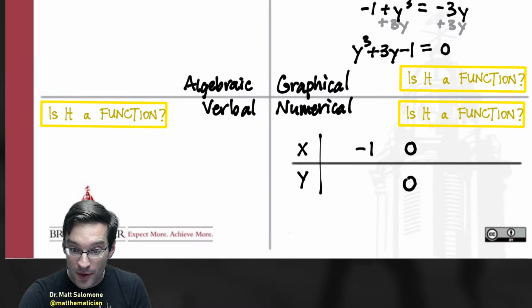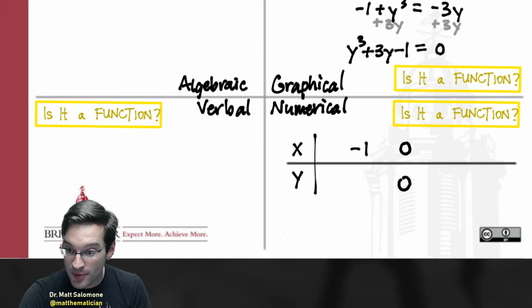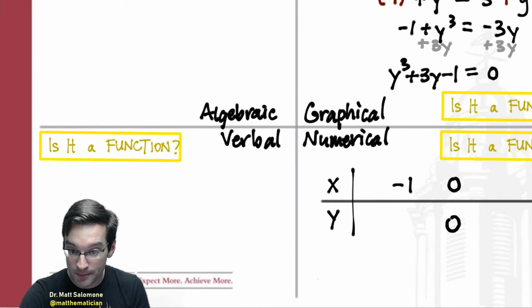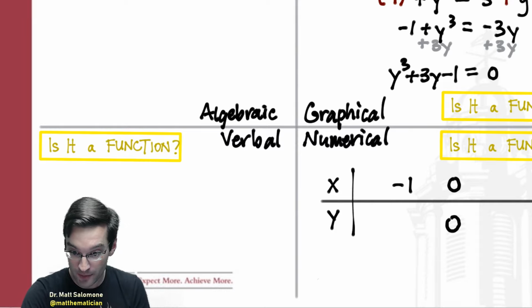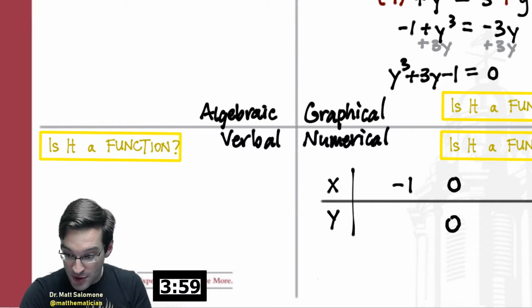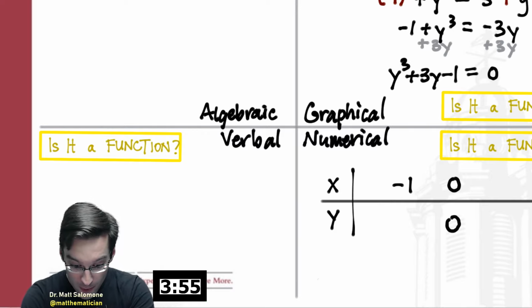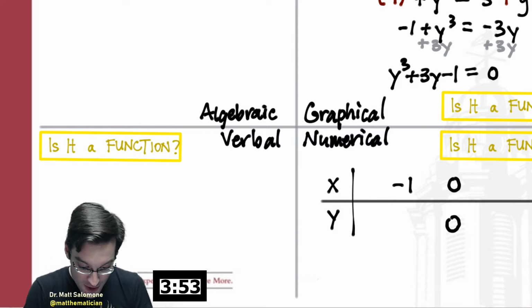So when I think about the definition of function, I'm going to write down something sort of verbally. So what does a function mean from a verbal point of view? From a verbal perspective, a function is a relationship between two quantities.